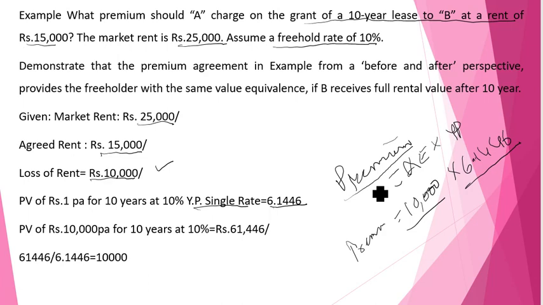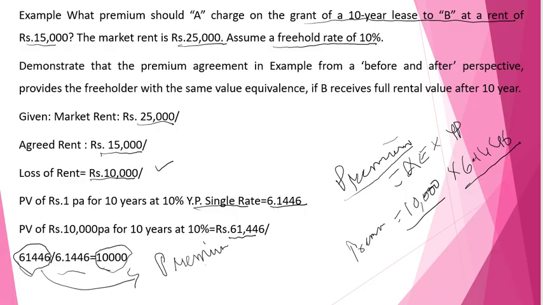It means you require 61,446 as premium. So A should get a premium of 61,446. It means if you divide it by 6.1446, you will get 10,000 as interest from the bank. So you require a premium of 61,446.